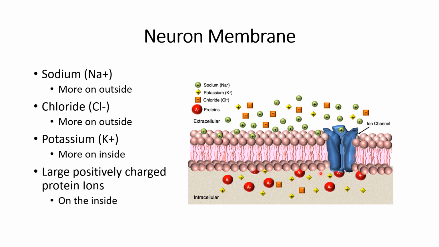You'll also notice that there's a giant blue protein right here. This giant blue protein that is embedded into the cellular membrane is to allow sodium to flow in and out of the cell. We can consider the cellular membrane as being selectively permeable. In other words, there are times when it's going to allow certain things to go in and out of the cell.